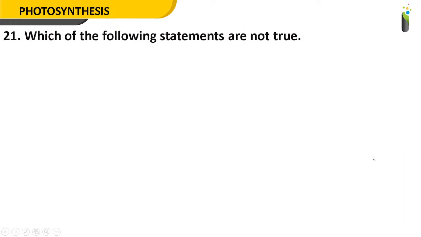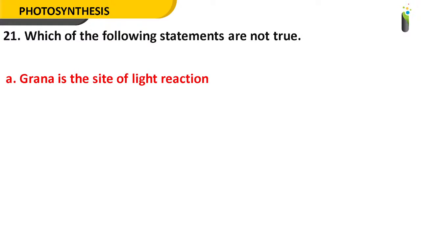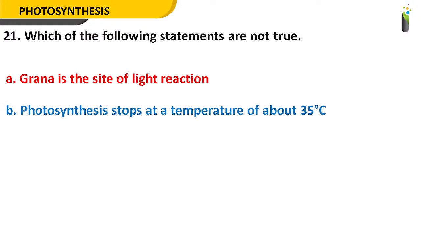Coming to the next question, number 21. Which of the following statements are not true? A. Grana is the site of light reaction. B. Photosynthesis stops at a temperature of about 35 degrees. C. Dark reaction occurs in the light.